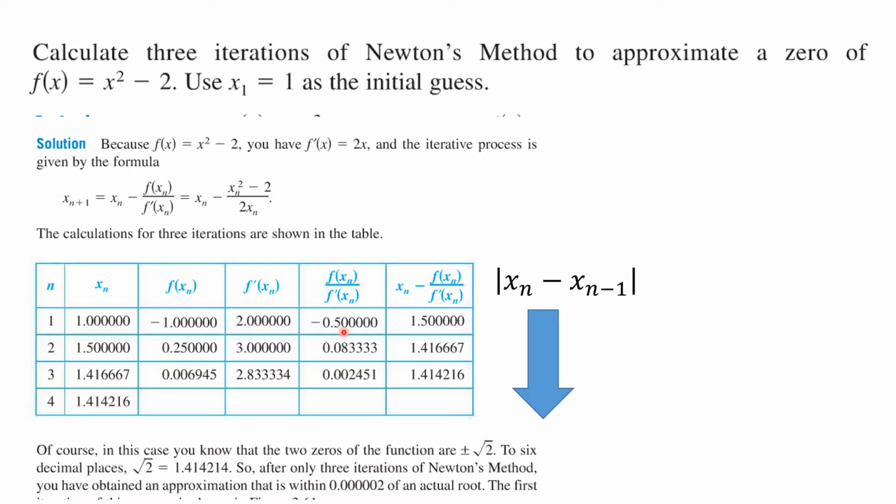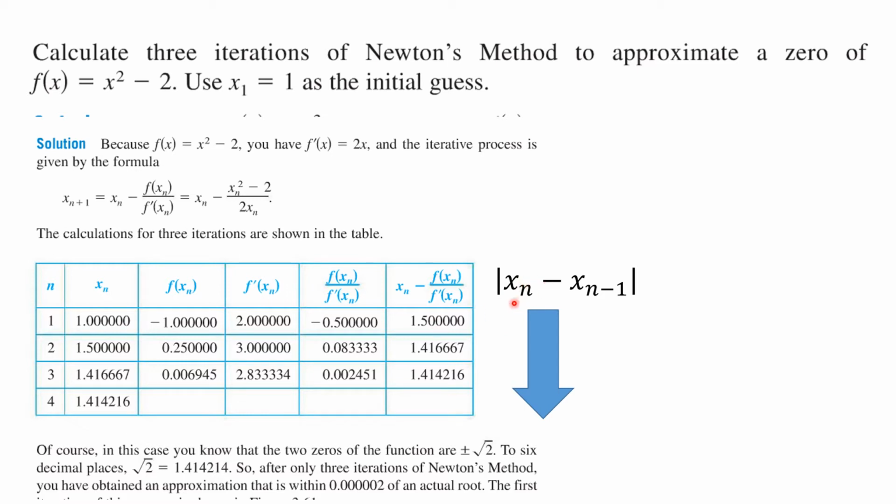And then what I'm going to do is subtract that from my value of xn. And so when I do that, for xn minus f of xn over f prime of xn, for xn being 1, I will get this.